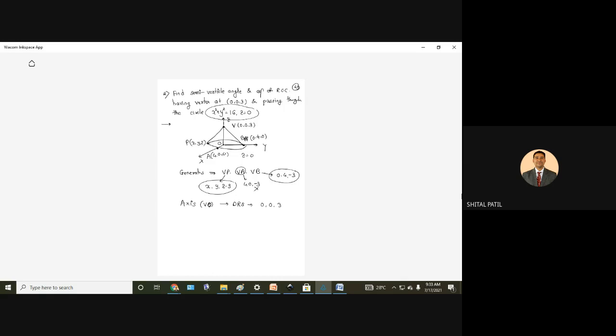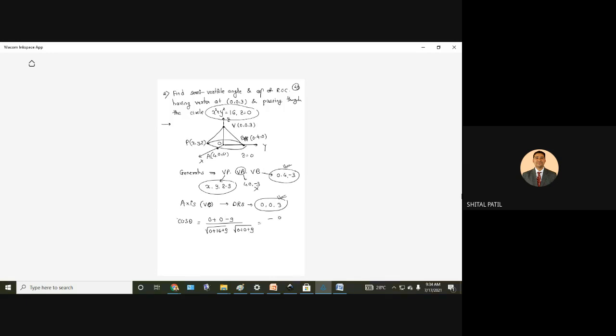Okay, so in this way you have to find cos theta. So what will be cos theta? I am considering these direction ratios, one axis and the other a generator. So 0 into 0 is 0, 0 into 4 is 0, -3 into +3 is -9, divided by root of 0 square plus 4 square plus -3 square, times root of 0 square plus 0 square plus 3 square.